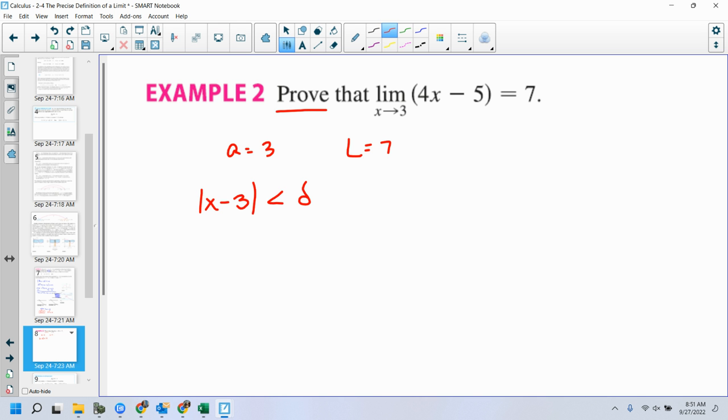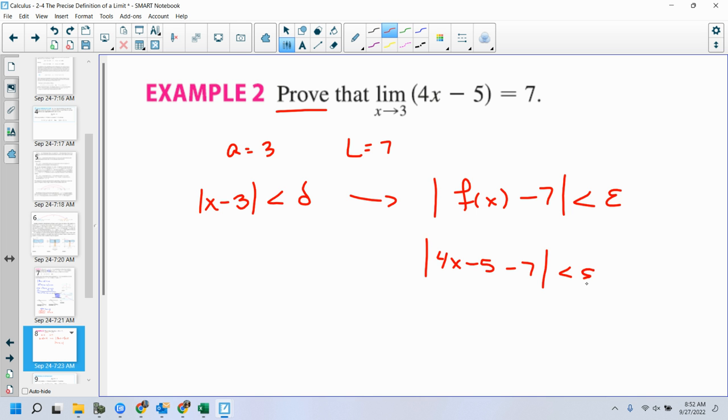Well, that means the absolute value of f of x minus 7 has to be less than epsilon, right? That was our precise definition of a limit. The absolute value of x minus 3 is less than delta, and the absolute value of f of x minus the true limit is less than epsilon. Okay, let's start running the values here. The absolute value of 4x minus 5 minus 7 is less than epsilon.